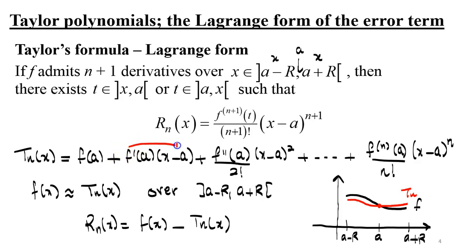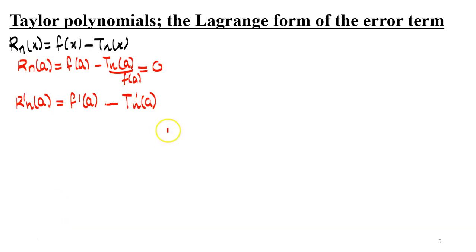So the derivative of this term would in fact be f prime of a. For the rest of the terms, by using the power rule, dropping the exponent down as a coefficient and subtracting 1 from the exponent, the remaining terms would still have an x minus a. So when x equals a, all of them would be zeros. So we're left with T prime of a equals f prime of a. So you notice that difference is also 0.